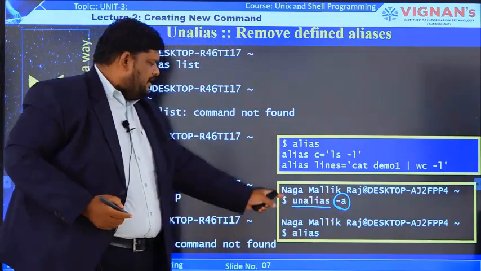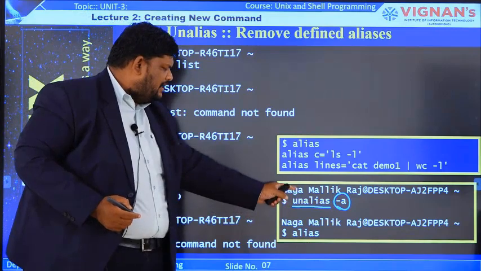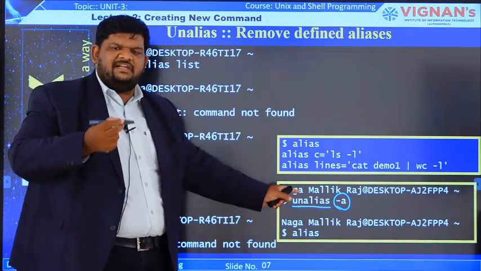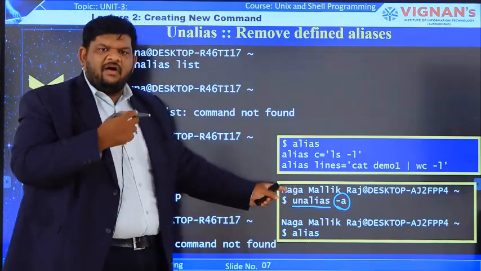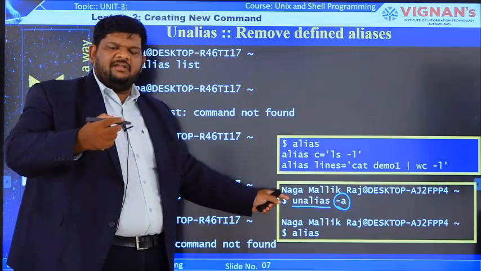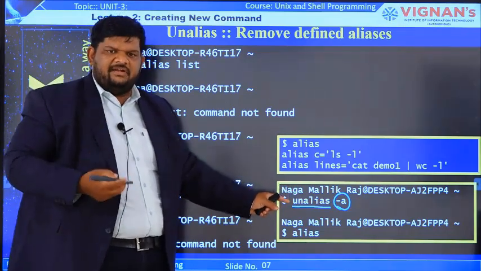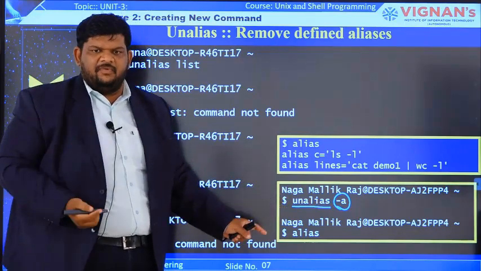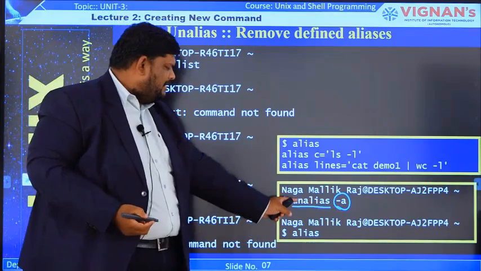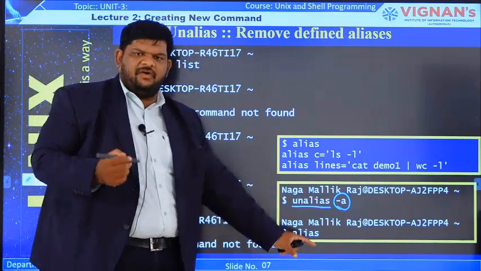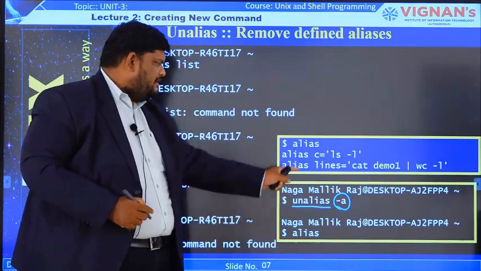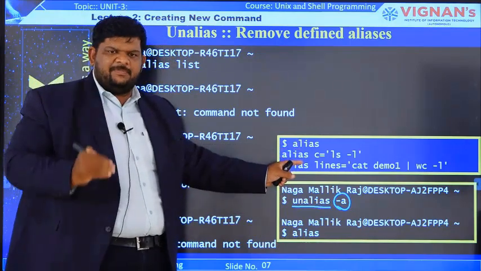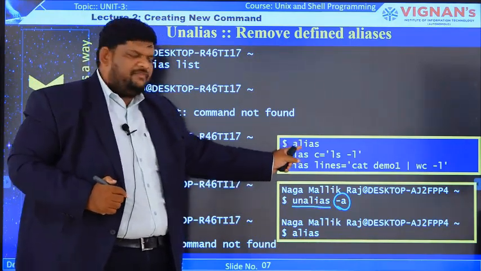This will erase all aliases present in the current session or current shell, all the temporary aliases that we created. All aliases will be removed with unalias space option a. Once again, if you want to check how many aliases are present, use the alias command without any option.